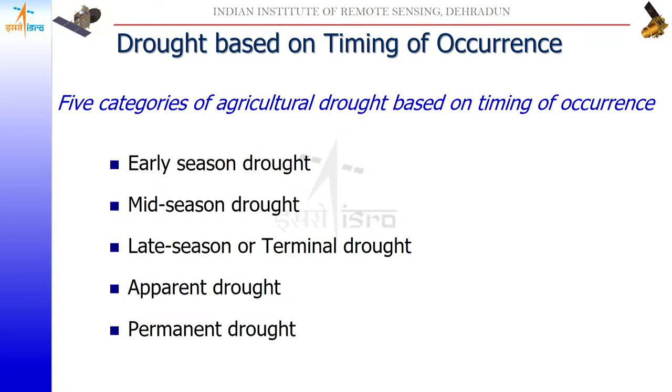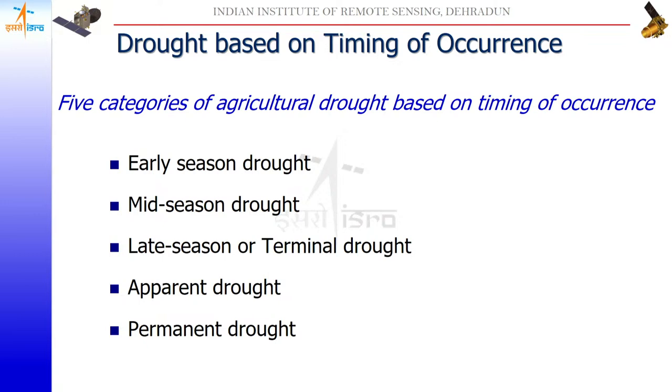Because of this, there may be crop mortality, and even complete crop failure if dryness prevails for a fortnight or up to one month.